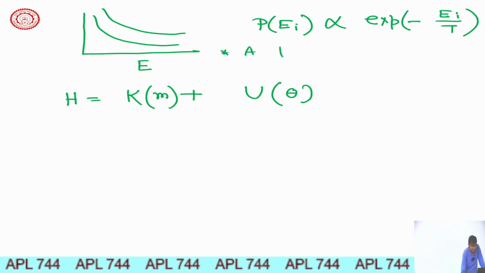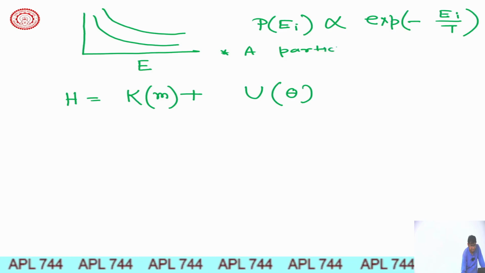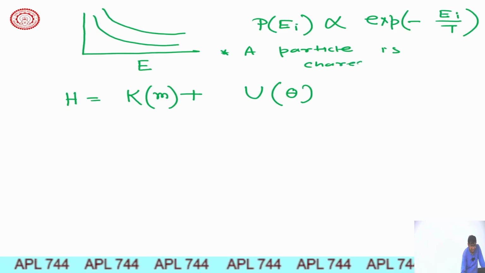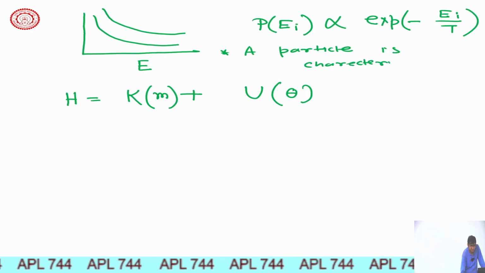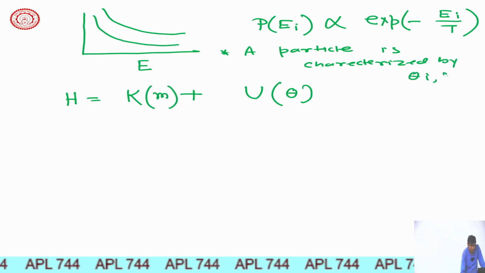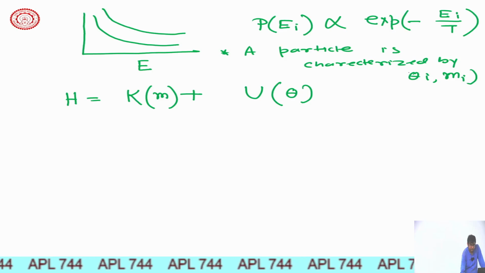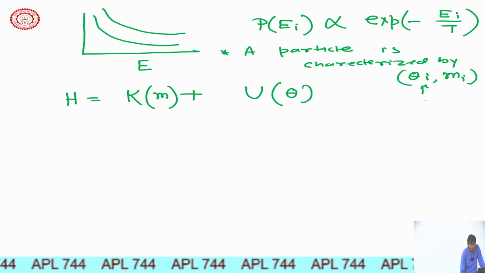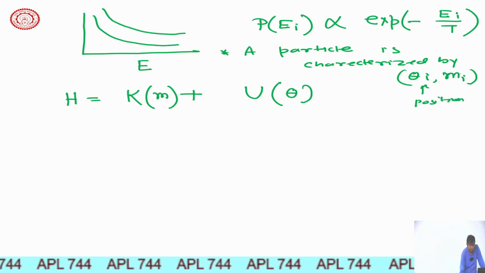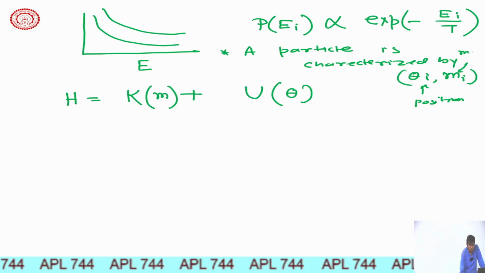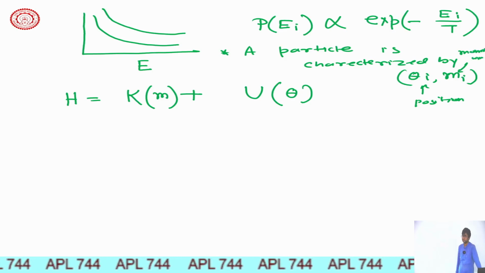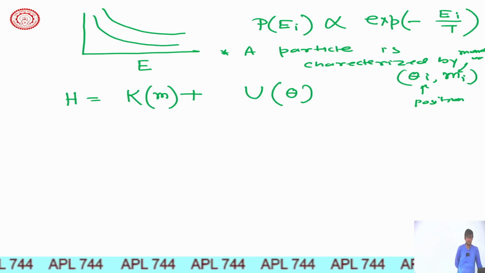A particle is characterized by theta i, m i. Theta i is the position, and this is the momentum.